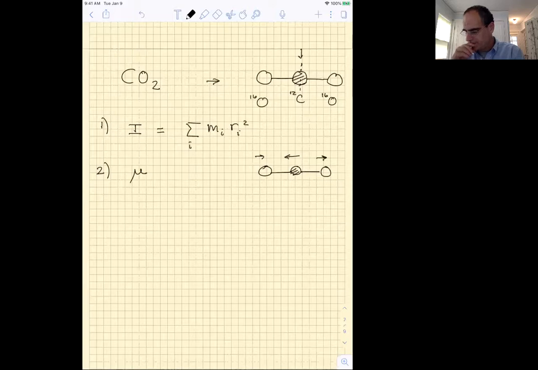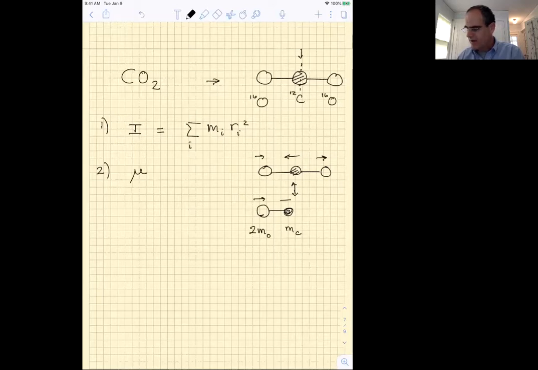So really, because the oxygen atoms move together, you can think of lumping them together as one particle with twice the mass. That is, this should have the same effective mass as this, where I have one particle whose mass is twice the mass of an oxygen atom, and a second particle whose mass is just the mass of the carbon atom.